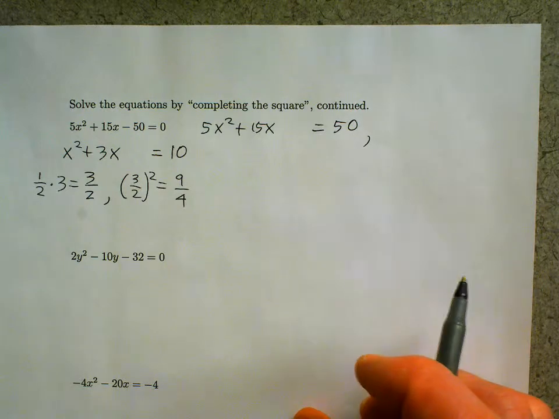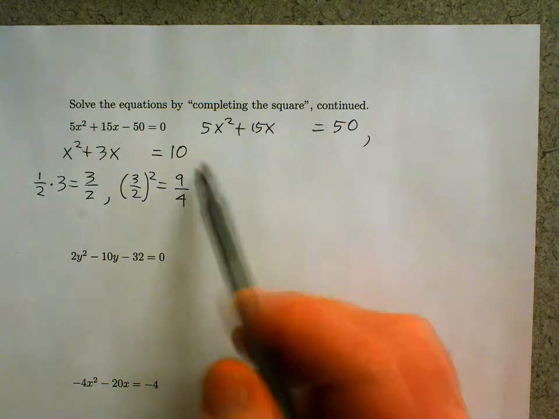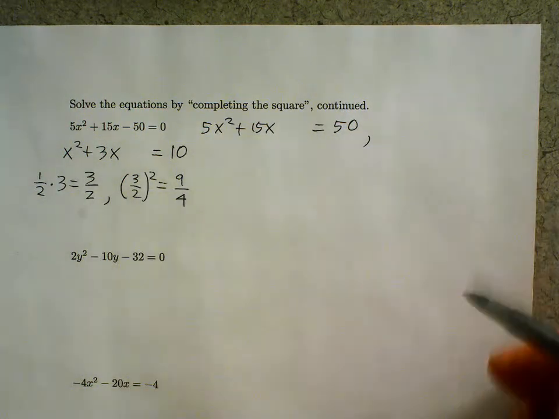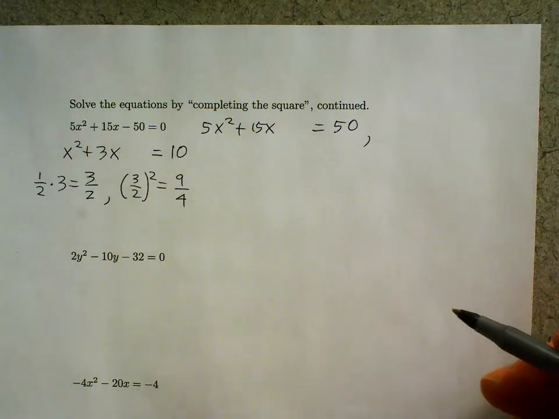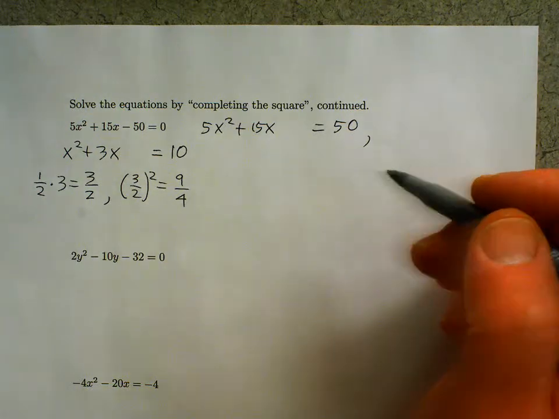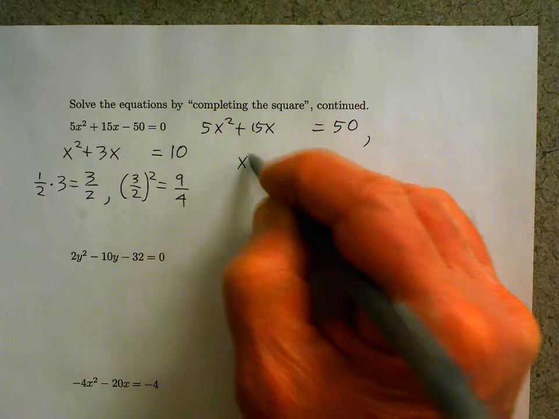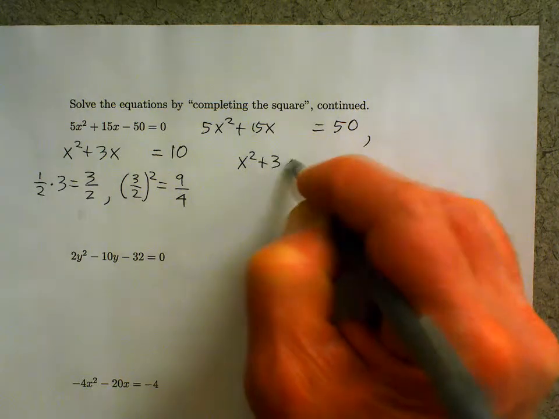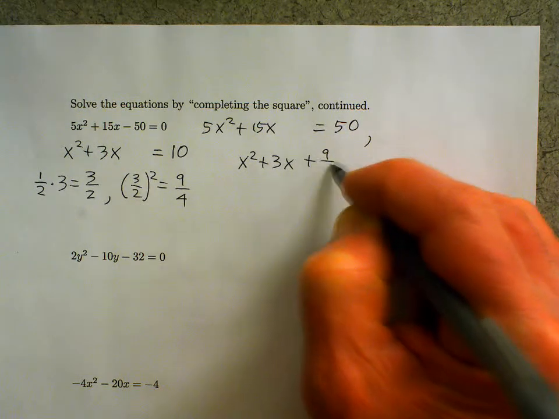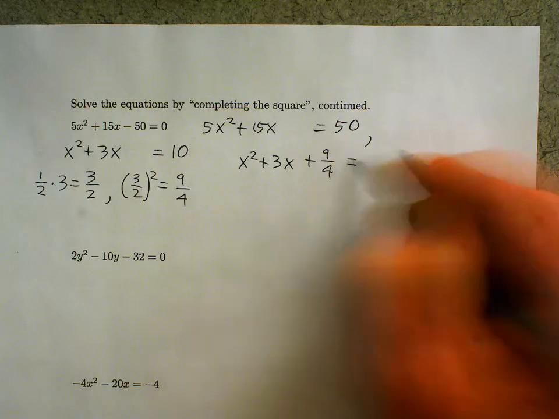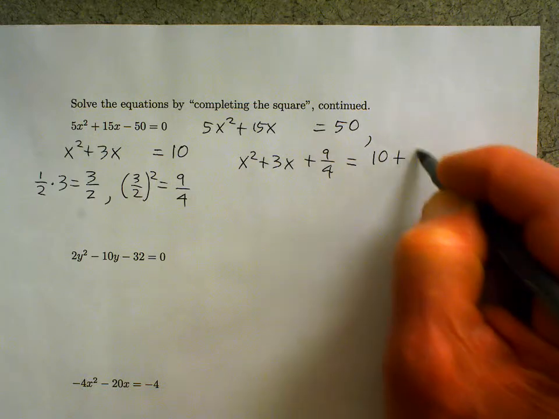And 9/4 is added to both sides of the equation. And that gives us x squared plus 3x plus 9/4 equals 10 plus 9/4.